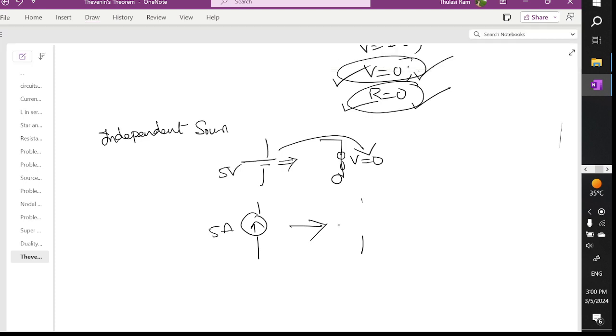So this current source you have to make 0, and that is possible by performing an open circuit. That is how to deactivate a current source. This is called the first case.